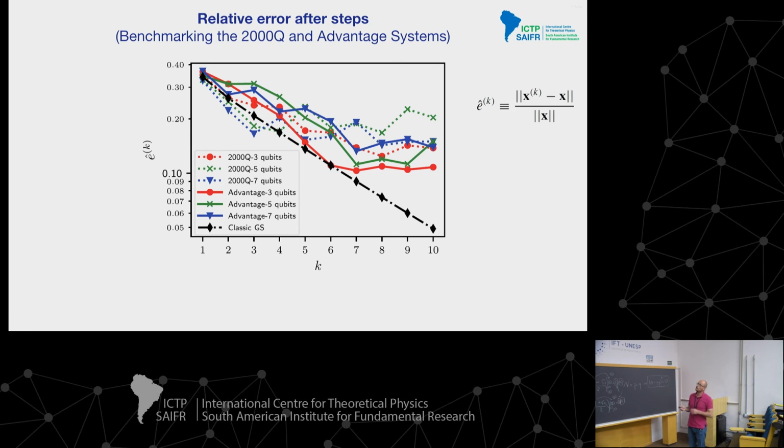And we perform this calculation using the 2000Q and Advantage systems of D-Wave. Here in the vertical axis, we have this relative error. Xk is the solution to the problem. Just for the sake of comparison, we use X by direct diagonalization of the system.